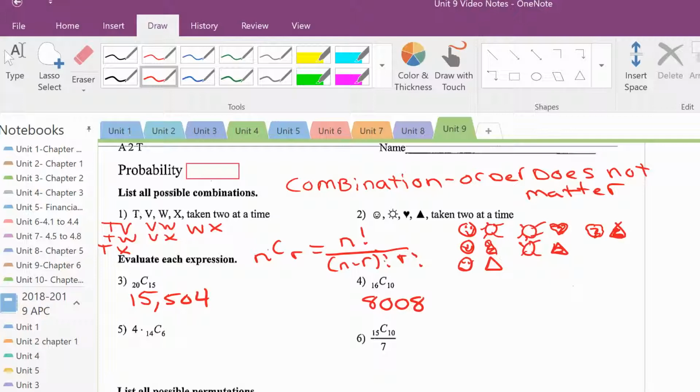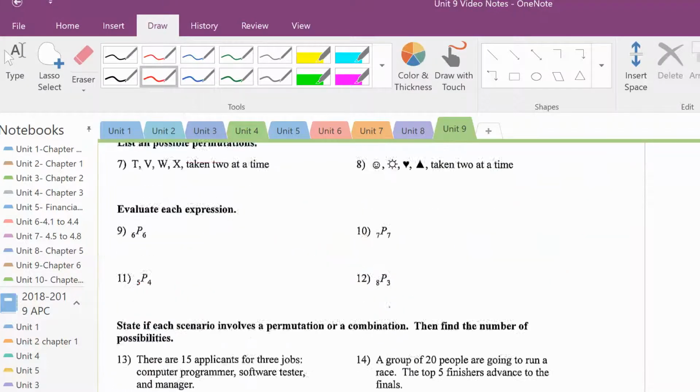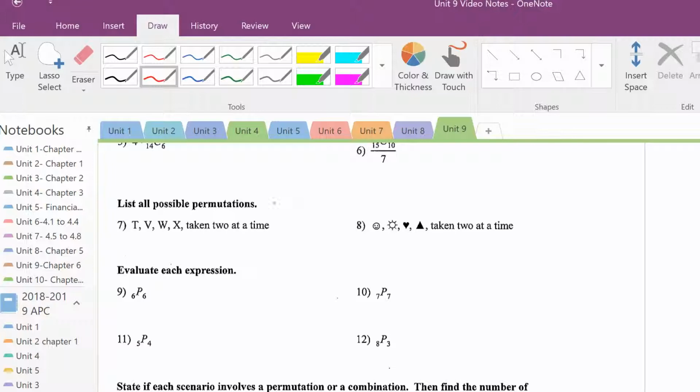The next concept is what's called a permutation. So a permutation is when order does matter. So for example, TV, TW, TX, but then VT is different because the order matters.